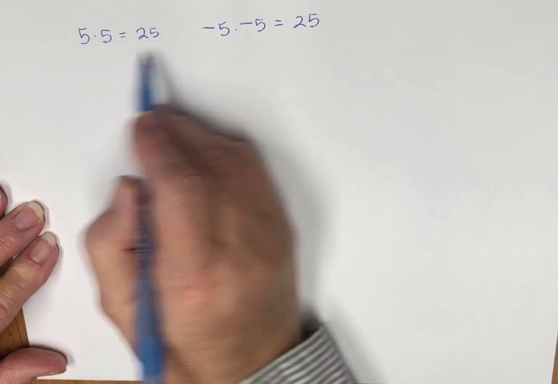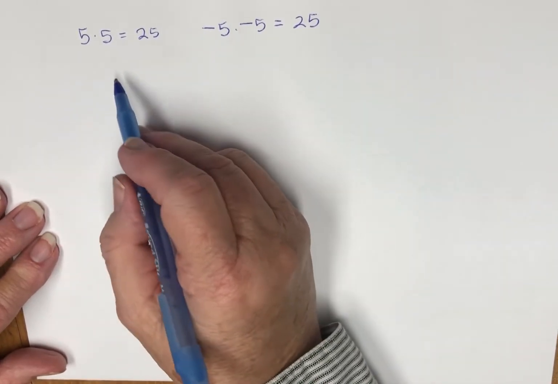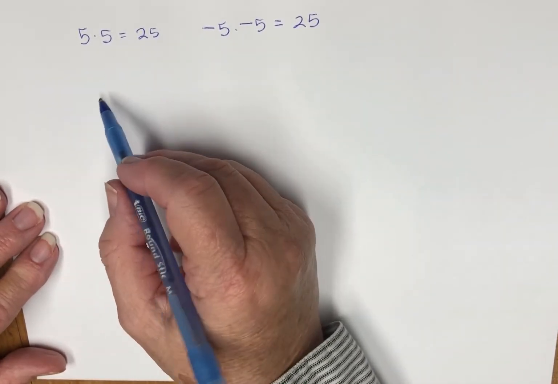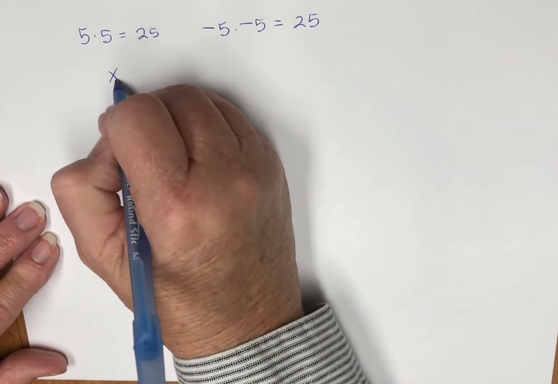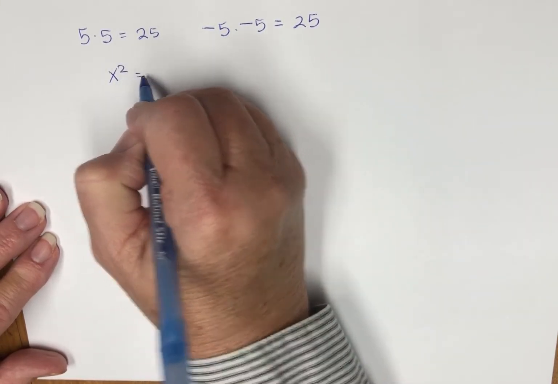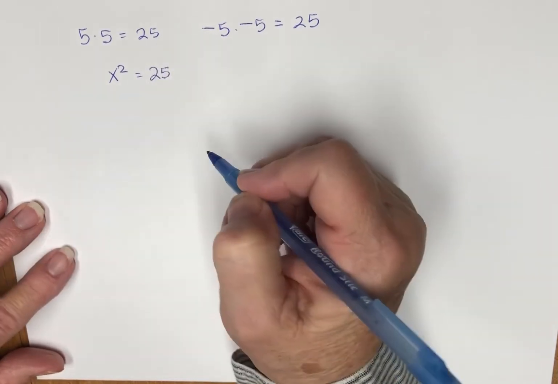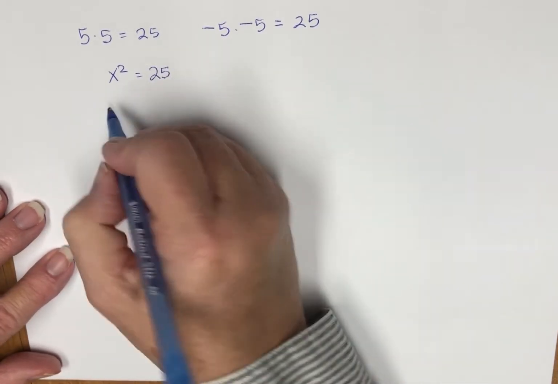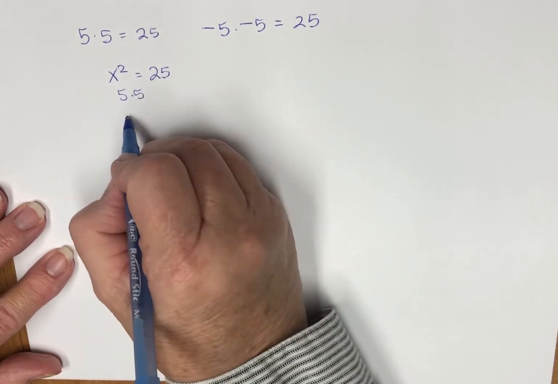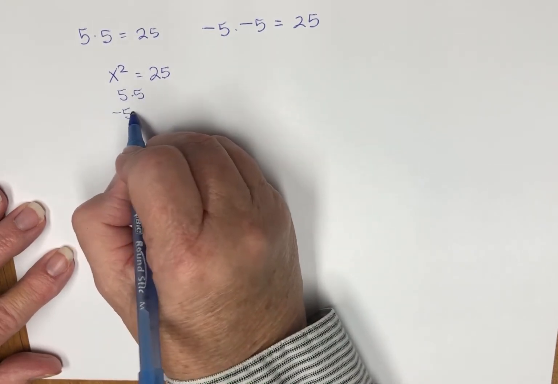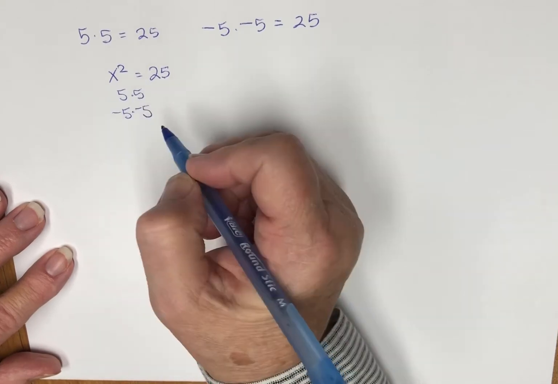So they're talking about how there are some answers where it could be a positive number or a negative number. So x squared equals 25 actually has two solutions. It could be 5 times 5, or it could be -5 times -5.